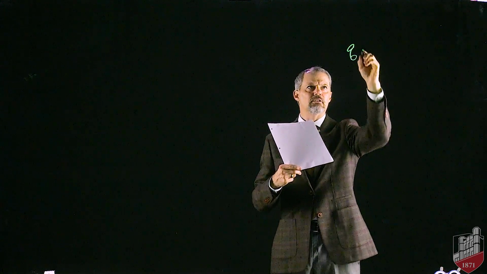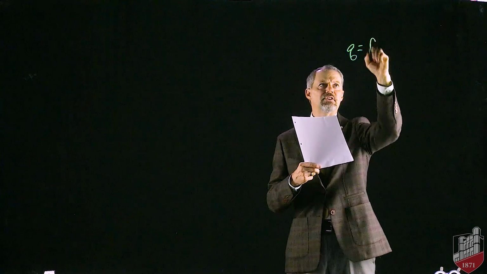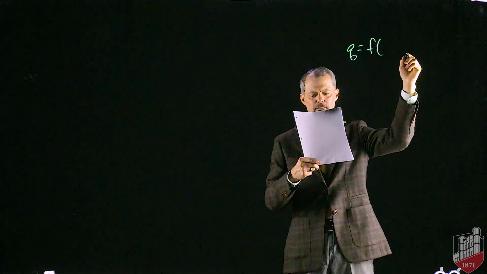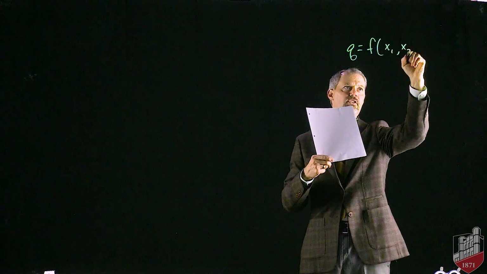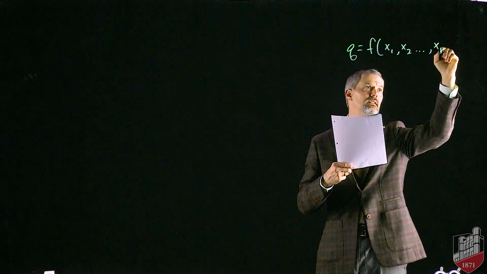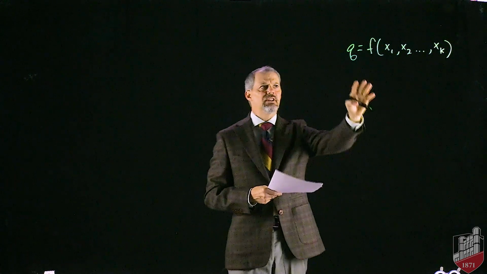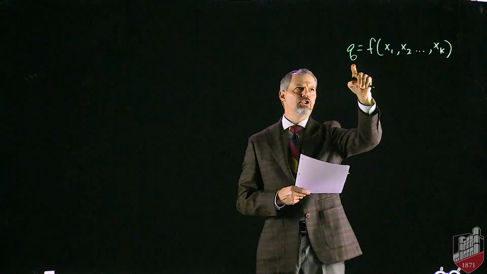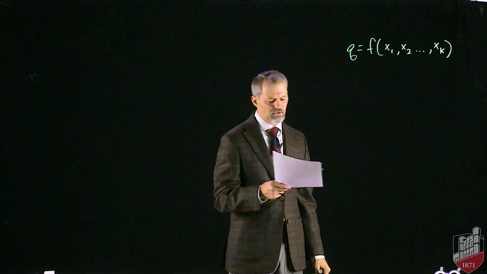So if we think about a firm's production function, we could write that production function very generally as output Q equal to some function of a bunch of inputs. So this could be, say, X1, X2, up to, say, XK. So this says that output here, Q, is some function of the variety of inputs that we're using.